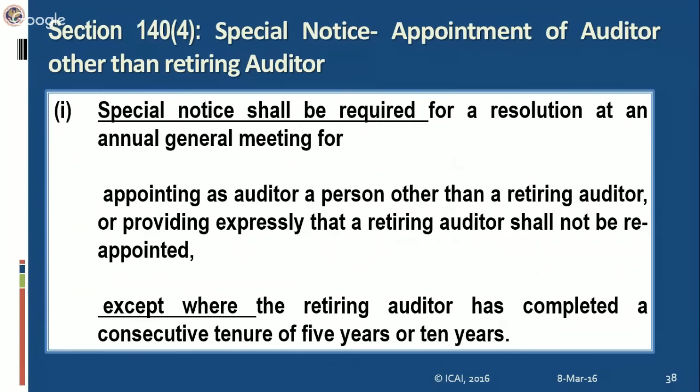Special notice shall be required for a resolution at an AGM appointing as auditor a person other than a retiring auditor, or providing expressly that a retiring auditor shall not be reappointed, except where, as I have already told you, the retiring auditor has completed his tenure. It may be 5 years, maybe 10 years.